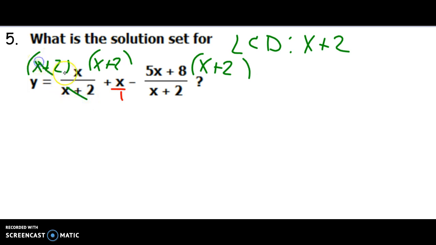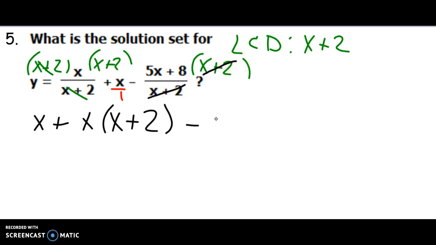This x plus 2 will cancel, and we're left with just an x. For the second one, nothing cancels, and we're left with x times x plus 2 minus 5x. The x plus 2's cancel. And remember, this is a negative, so you have to remember to distribute it here and here. So that's a negative 8.